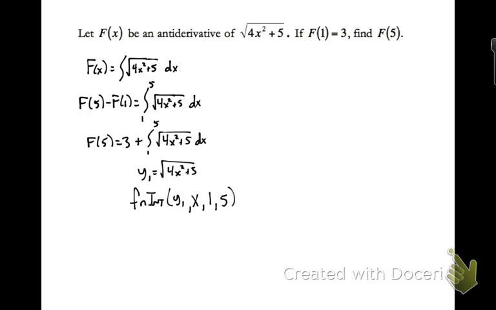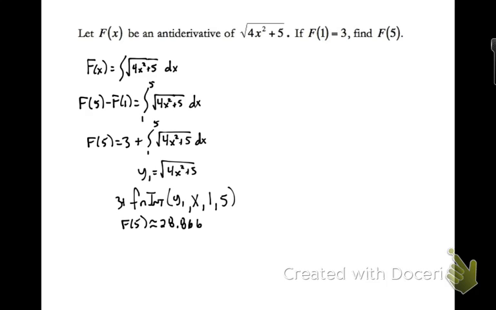And to that quantity, I'm just going to add 3. And when I enter this into my calculator and hit enter, I get that F of 5 is about 28.866.